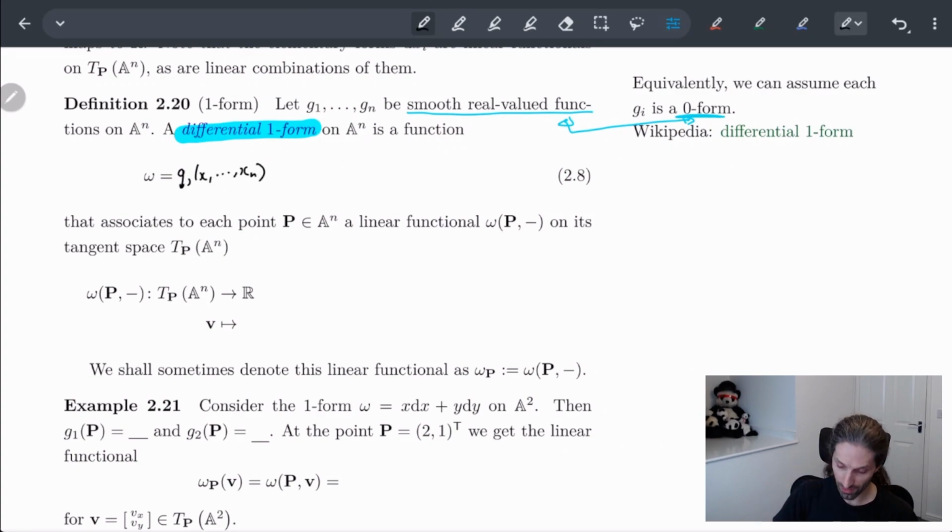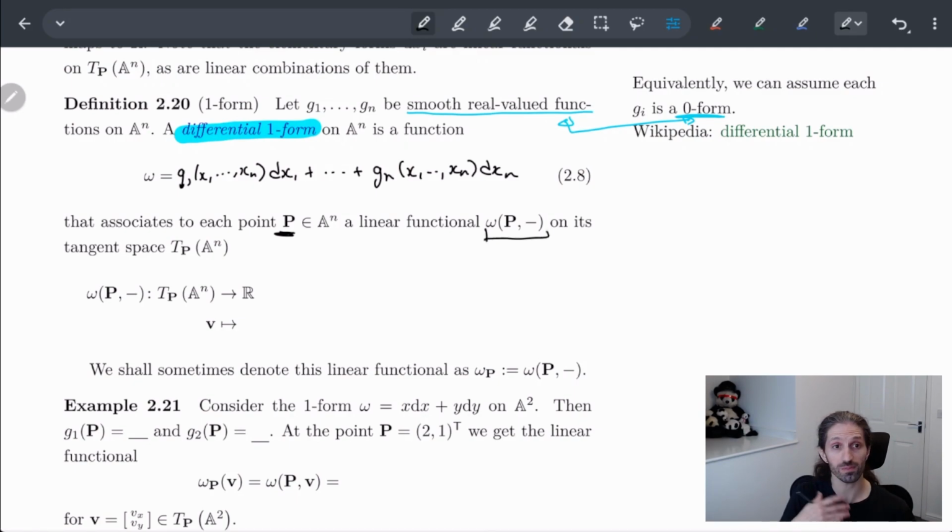We say omega is g1 of x1 up to xn, times our elementary forms, so dx1, and we do this up to n: gn of x1 to xn, dxn. And this is going to give us a one form. Basically what it does is it associates to every point p a linear functional on the tangent space at p.